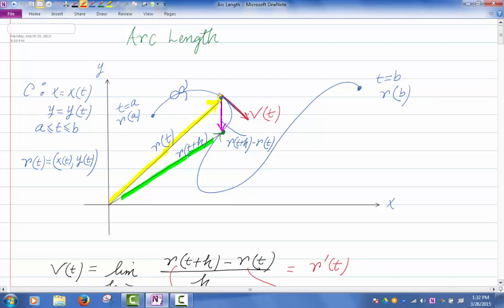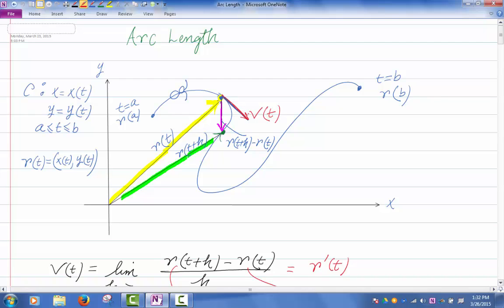Okay. Now, if you think of this curve as the path of a moving object or a moving bug, then what is r of a? I can think of r of a as the initial position of the moving object. r of a would be x of a, y of a, right?